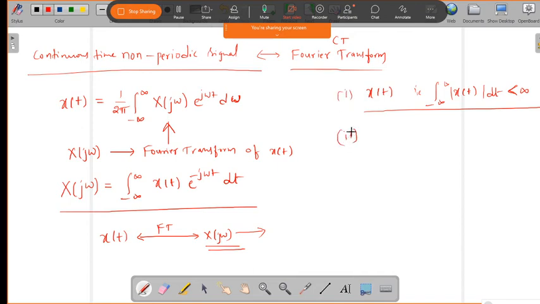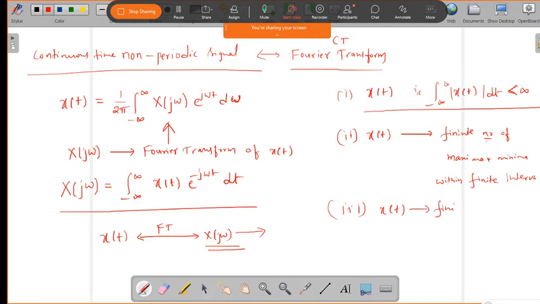The second condition is that x of t has a finite number of maxima and minima within a finite interval. Another condition is that x of t has a finite number of discontinuities within the finite interval.